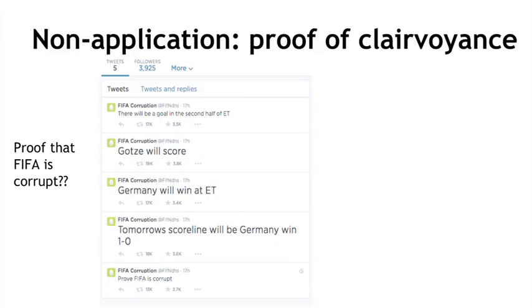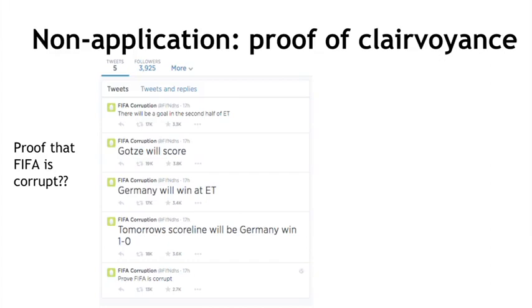So about a month ago, during the World Cup final, it was thought that somebody had actually done this, and they tried to prove that FIFA, the organization running the World Cup, was actually corrupt. And the way they did this is that they showed a Twitter account after the match was over that had tweeted a bunch of outcomes that happened during the game.